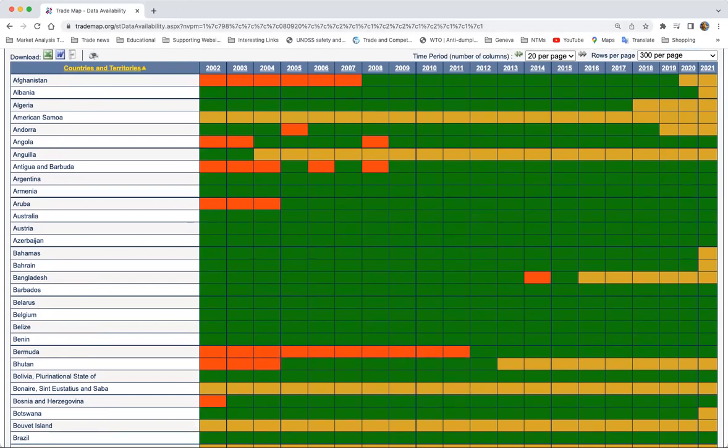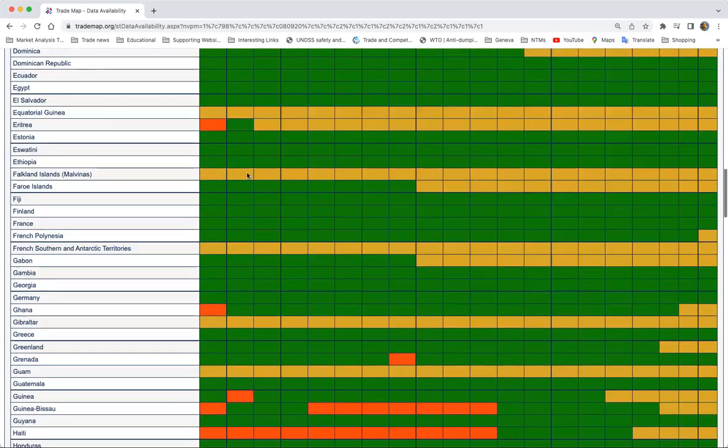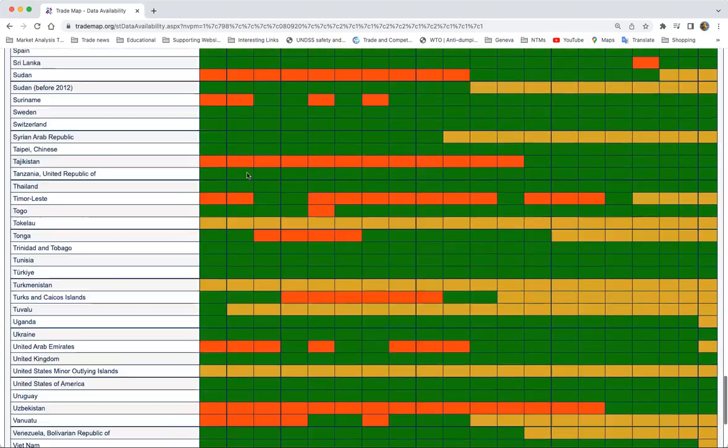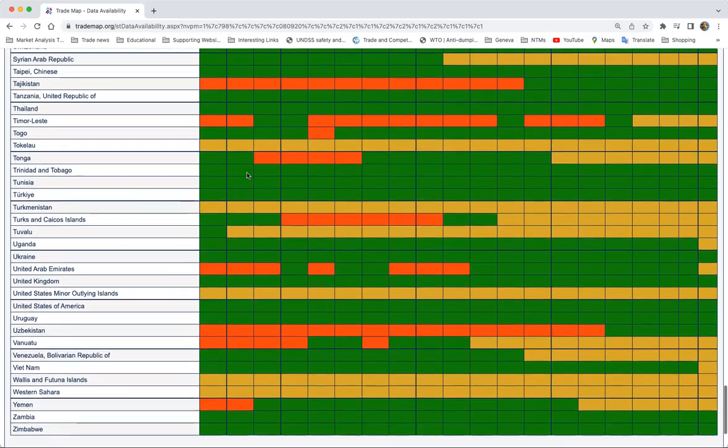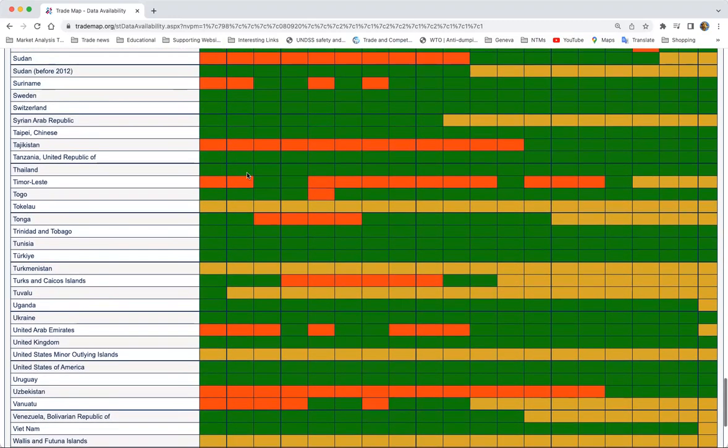Which country would you like to see? Sorry, Tonga. Under Tokelau, you see Tokelau, and we are down under Tokelau. Yeah, go up. Yeah, that's Tonga.